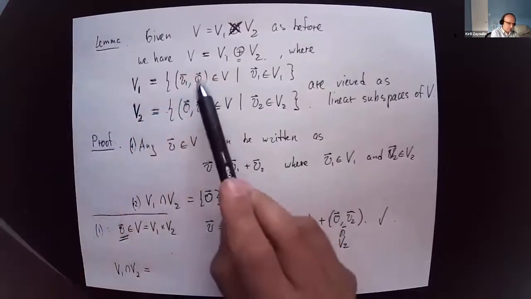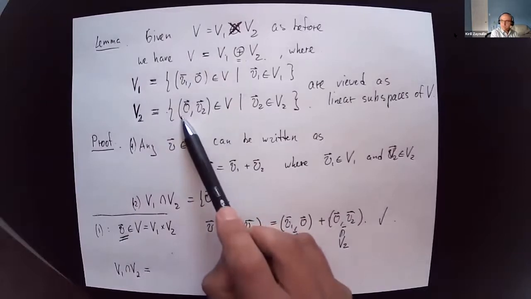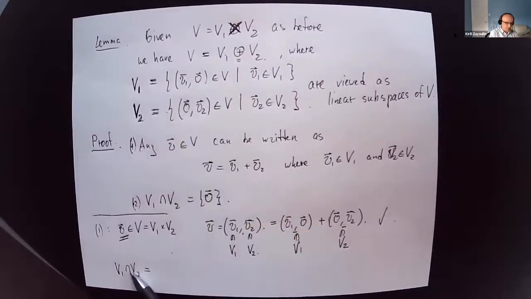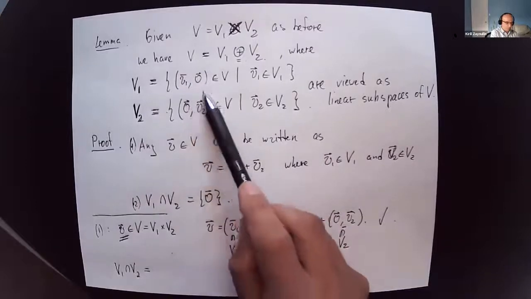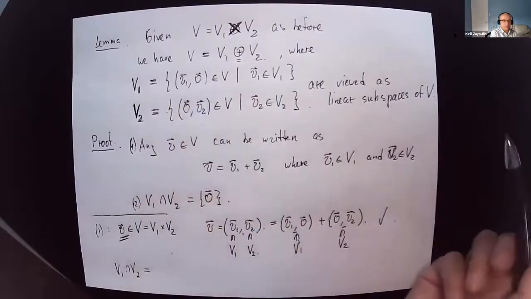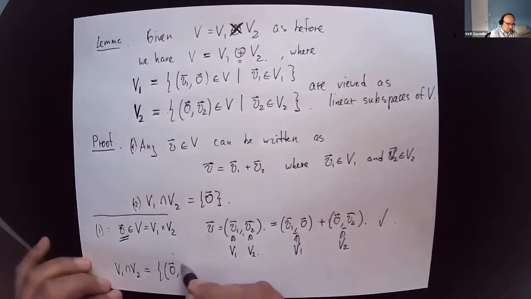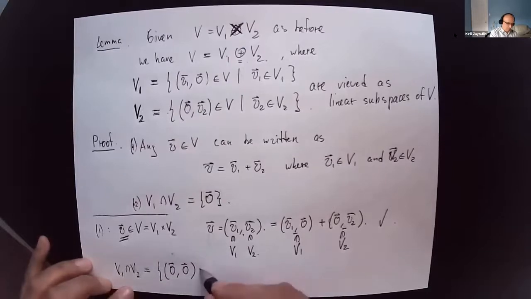The second coordinate is 0. And the first coordinate also must be 0 because it's an intersection. So it must be both of this form and of this form. So it means that, well, there's no way, right? This has to be just this. And this is precisely the 0 vector in our product space.